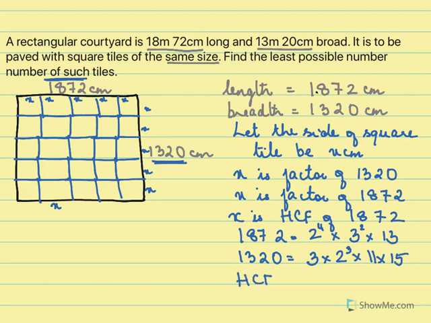Now when we want to find the HCF, we write the common factors. The common factors are 2 and 3 and the lowest power. The lowest power of 2 is 3 and of 3 is 1. So that would be 8 into 3, which is 24. So each side is 24 centimeters.